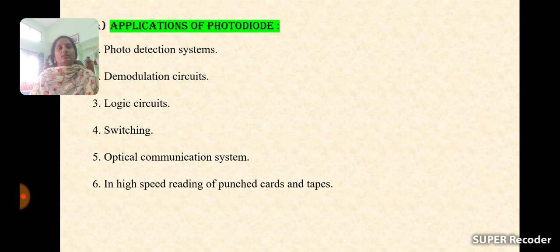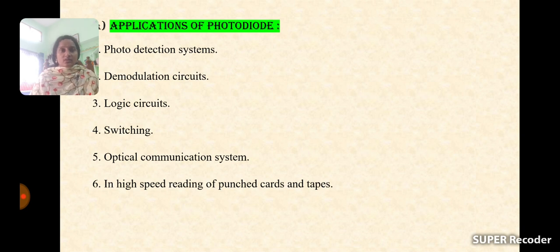And in high speed reading of punched cards and tapes also, we are using photodiodes. Where are we using the photodiodes?